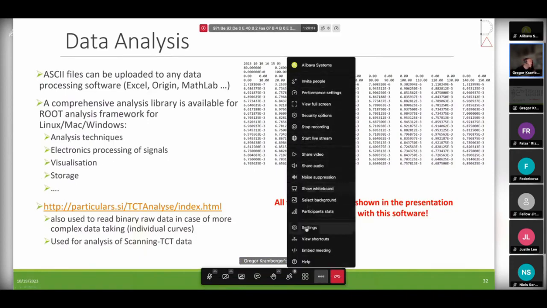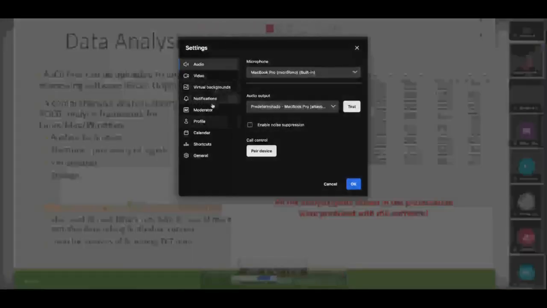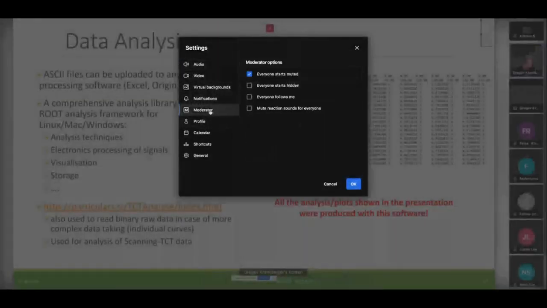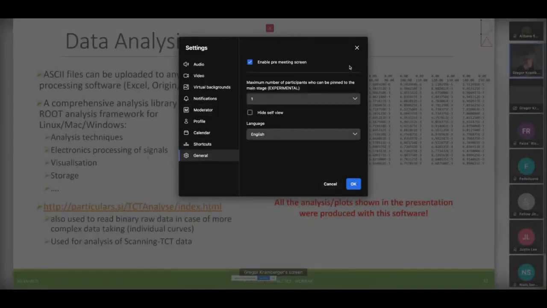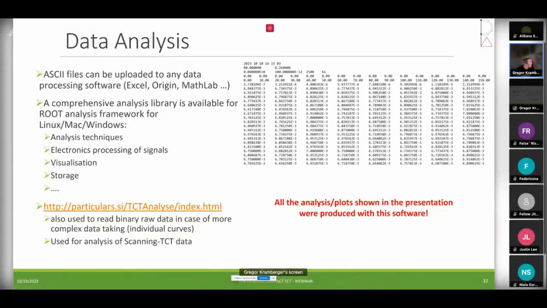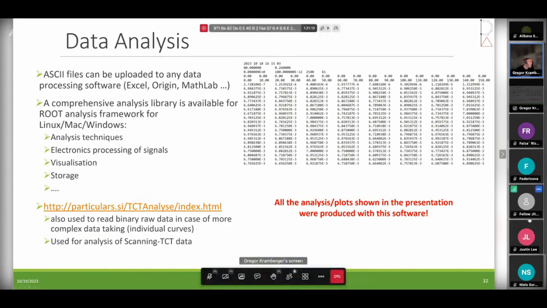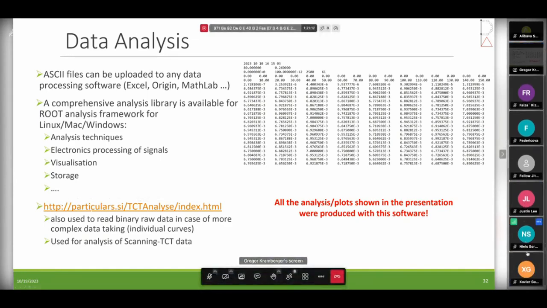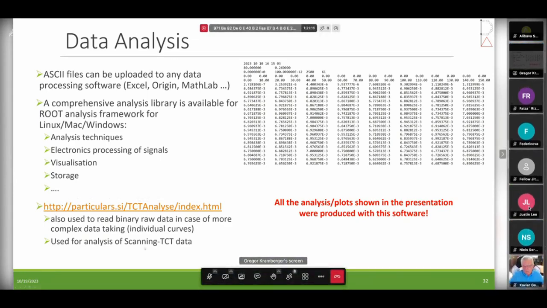So this is something that handles the analysis, the processing. I didn't go into that. So how you can deconvolute your signals for electronics and all this is possible. It's a bit too deep. And then visualization and the storage, and you can have a look at the library. The link is here. Yeah?